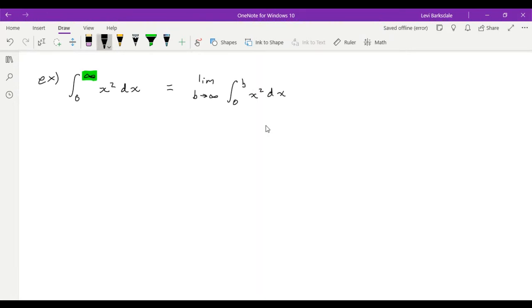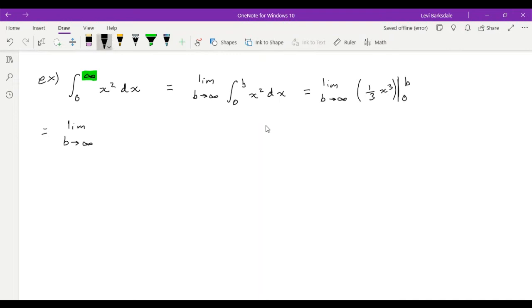And now we simply evaluate this normally. We keep our limit statement, but when we actually evaluate our integral, we get 1/3 x cubed from 0 up to b, which of course gives us the limit as b goes to infinity of 1/3 b cubed. The lower bound gives zero, so I'm not going to write that, and then we can simply evaluate this limit.